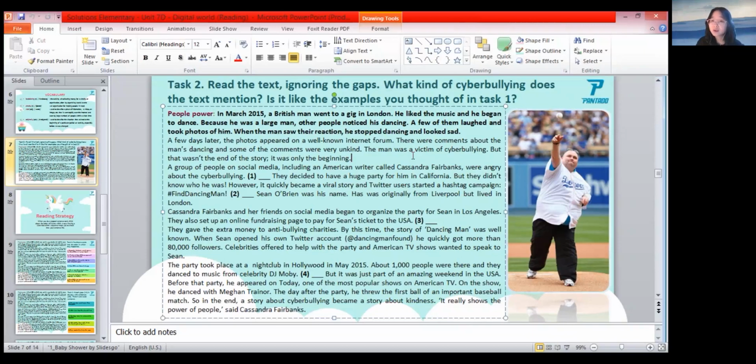Okay, so in task 1 we discussed what is cyberbullying, and we also discussed some examples of cyberbullying, and now you are going to consider whether it is like the samples that you thought of in task 1. Okay, now I think you have 3 minutes to read through the text here, and you're gonna answer the questions after that.